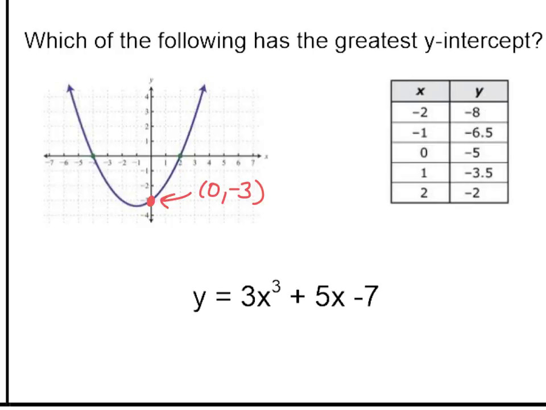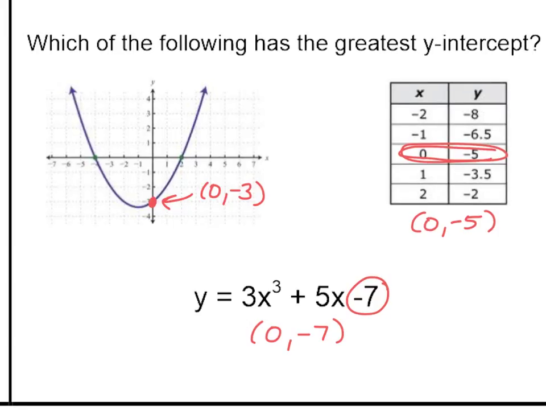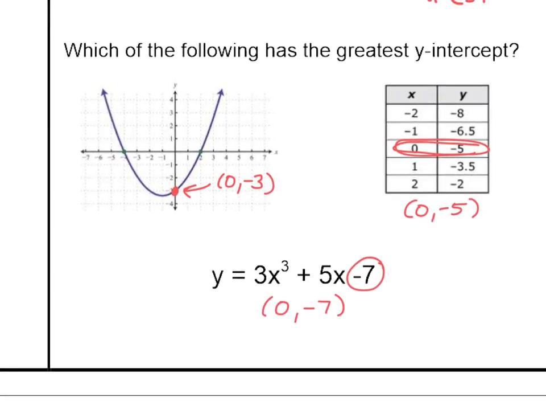For the table, x equals 0 at -5, so I'll write that as a point. And for the equation, it will be at -7, so 0, -7, because that's the number by itself, no variable next to it, because y is equal to everything already.